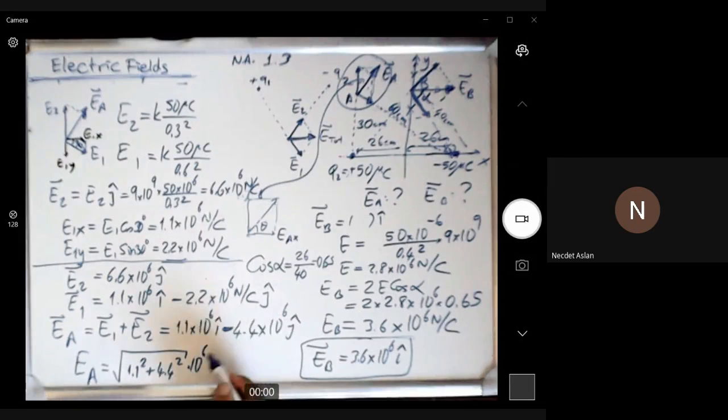I didn't put 10 to the 6 inside the square root because after squaring and then taking the square root, it will give you 10 to the 6 anyway. So the result is just 4.5 times 10 to the 6 Newton per Coulomb. This is the magnitude of the vector, or just EA. If you do not put any vector sign above a vector, it means just the magnitude.